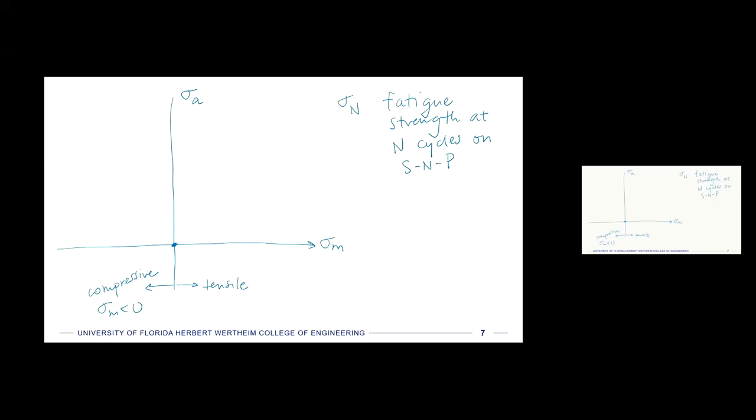So that's kind of what we need to find. And so if we look at some experimental data, we can say sigma N here. And that N could be 10 to the 4th cycles, 10 to the 5th, 10 to the 6th, anywhere in between there.